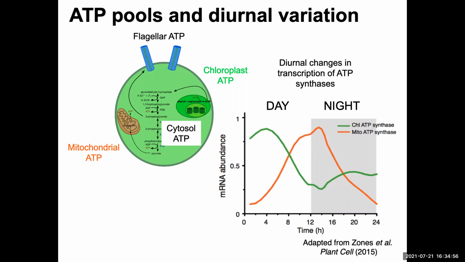There are various pools for ATP in Chlamydomonas. There's ATP in the cytosol, there's ATP in the chloroplast, there's ATP produced by the mitochondria, and ATP is also produced in situ in the flagella.